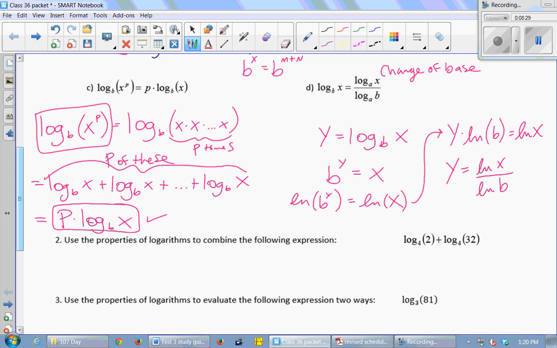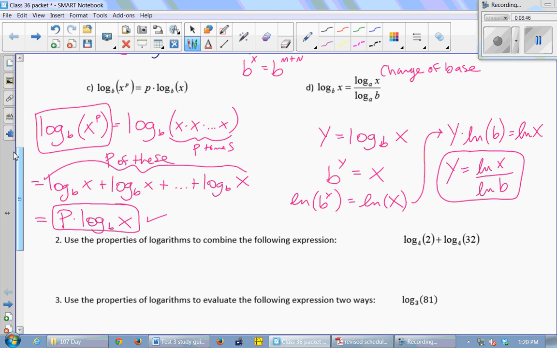And so that is how I change the base, right? I started with y equals log base b of x, and it became ln x over ln b. So you can change to any base you want using this change of base formula.